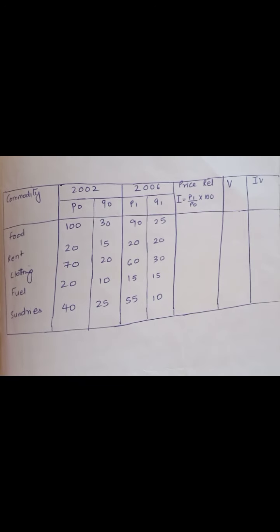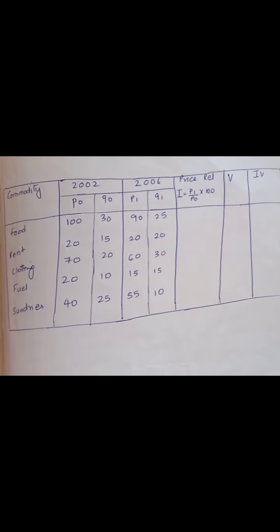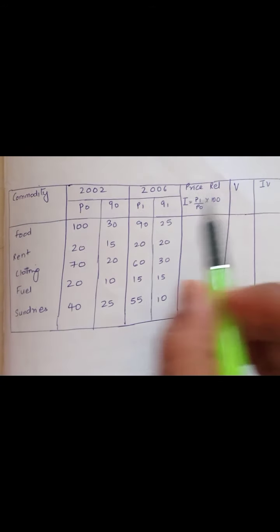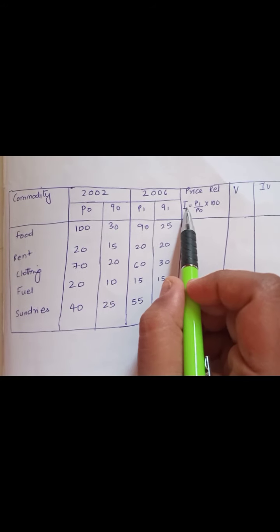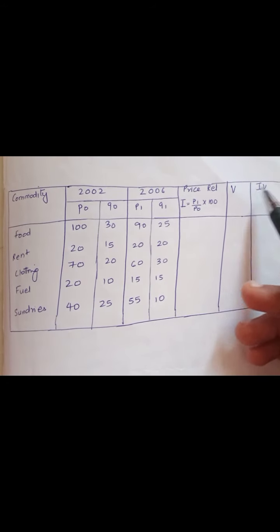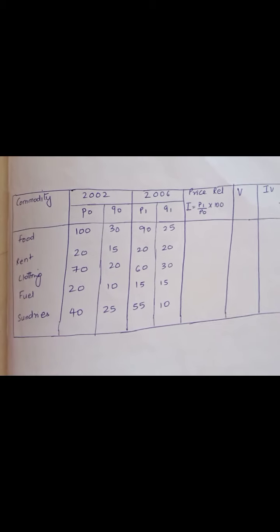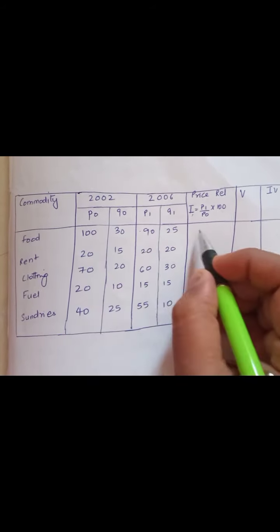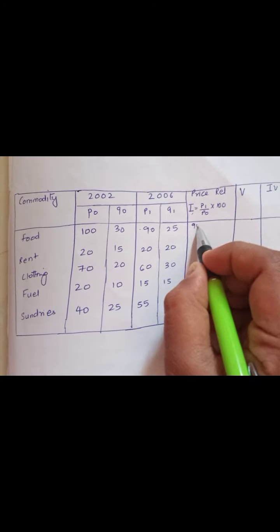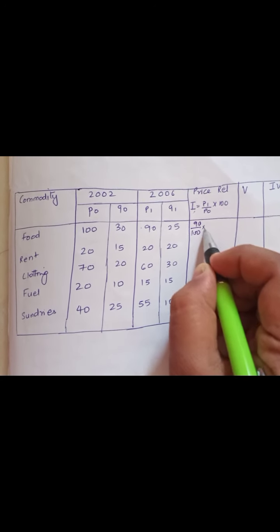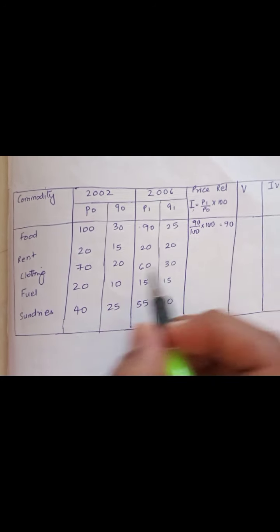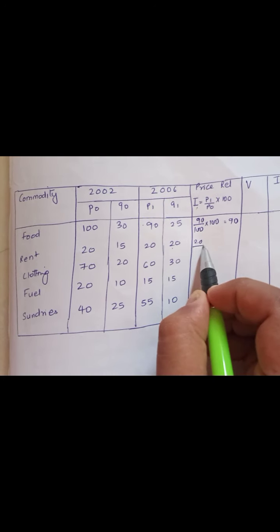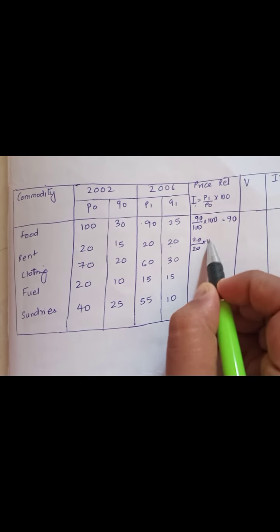For finding the weighted average of relatives, you first need to understand how to find the price relative. You have to find I, then find the value V, and then multiply them. For finding I, we need P1 divided by P0 into 100. So P1 is 90 divided by P0 which is 100, into 100, that gives you 90. The second row, 20 divided by 20 into 100.